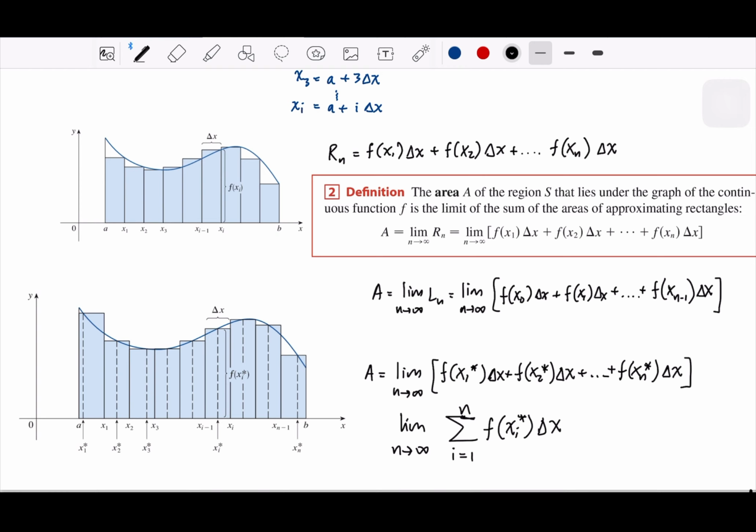So if you are asked the definition of the integral, this is the start, the area under the curve. It's slightly different at the beginning compared with the anti-derivative, but they will end up with the same conclusion.